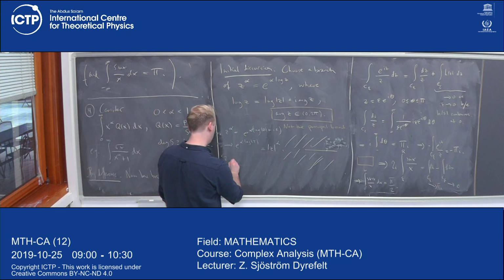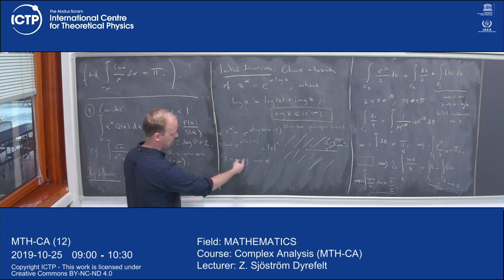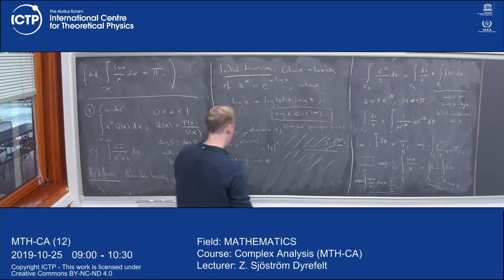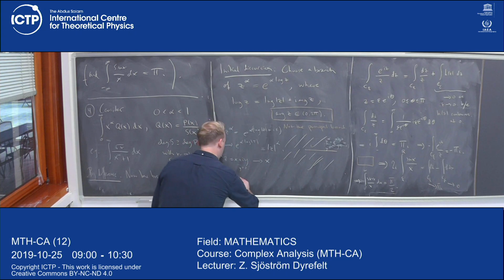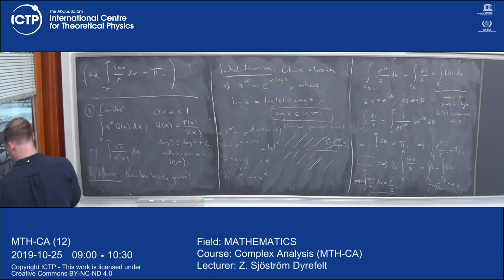So if z equals x plus iy, and this tends to x on the real axis from above, so here y is greater than 0, then z to the alpha tends to x to the alpha. Okay? So far so good.